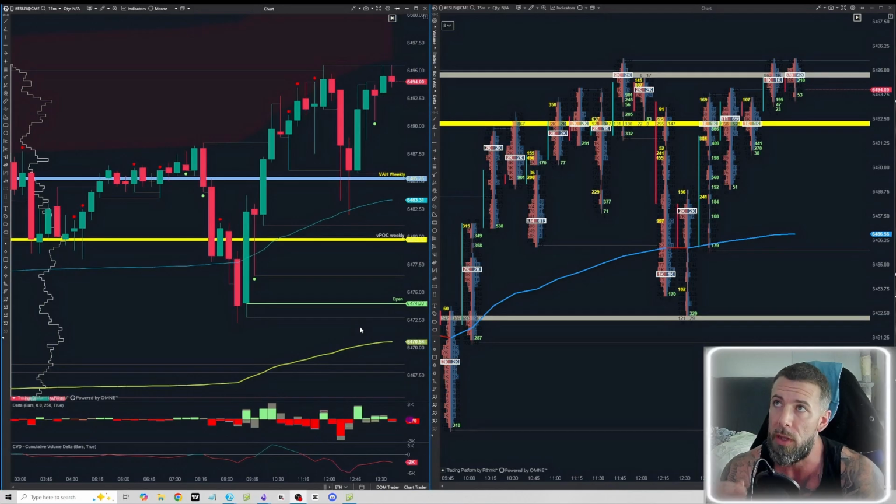When someone puts in a buy limit order under price, or places a sell limit order above price, saying they'll sell at this price, those are the only things that do not register on the footprint chart. So this chart right in front of me solely shows aggressive market participants. That's it.